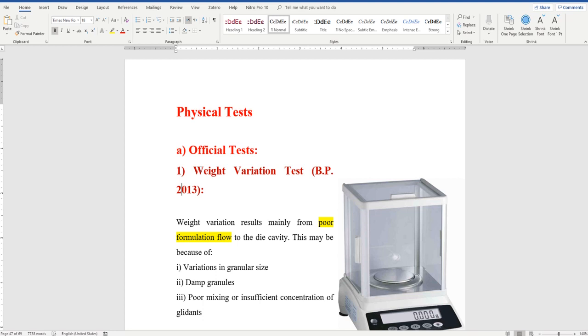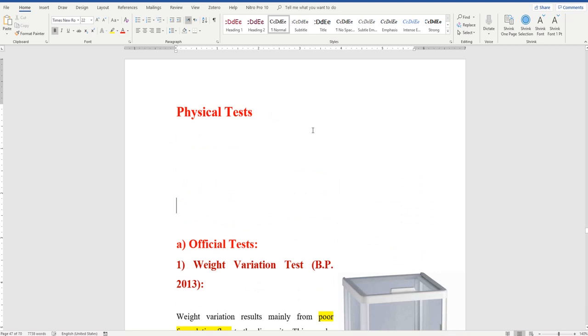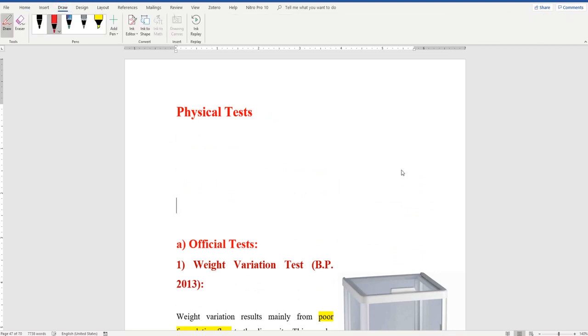Let's first talk, before we talk about the test itself, about what could be happening that will cause weight variation. Now, let me just draw something for you here. You remember when we talked about the die cavity.